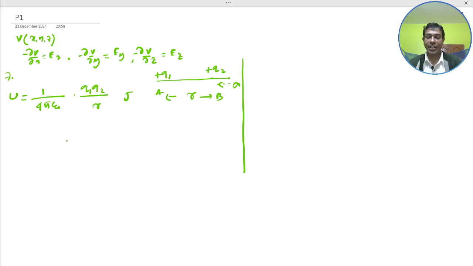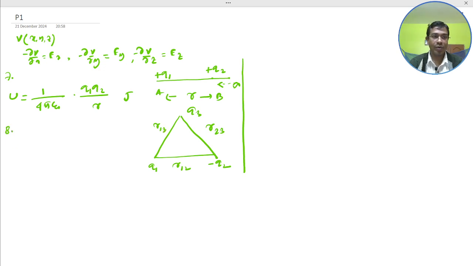Now electric potential energy for more than two charges. Suppose this is a triangle with three point charges Q1, minus Q2 and Q3. These are R12, R23, R13.